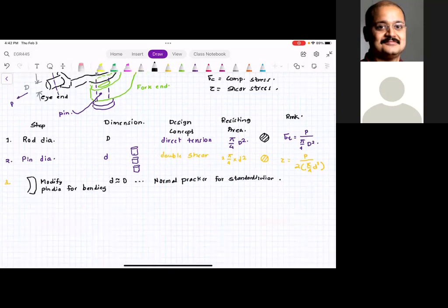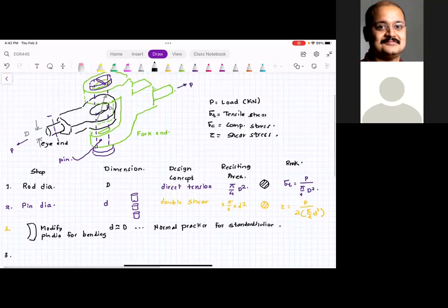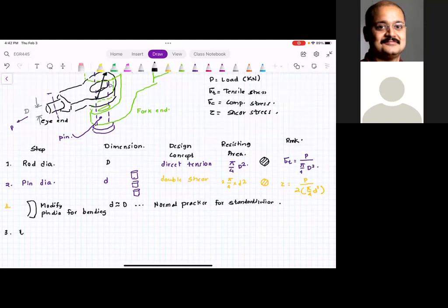Next step, step number 3, is we have to find out the eye end diameter. So this is the eye end diameter, D1. I want you to remember this rule of thumb.